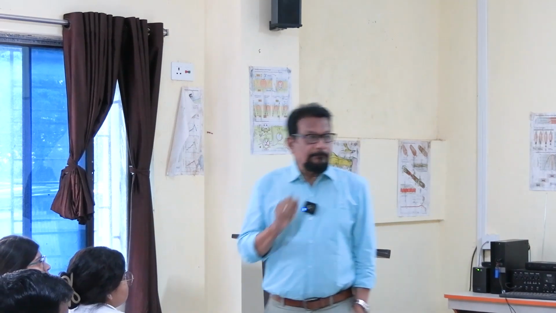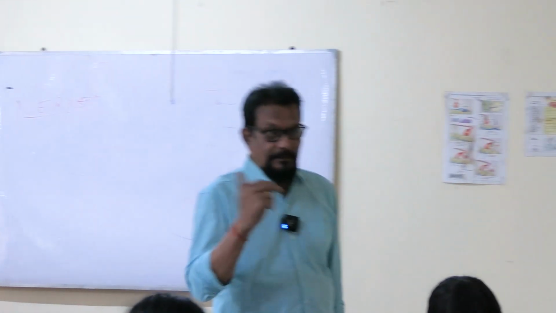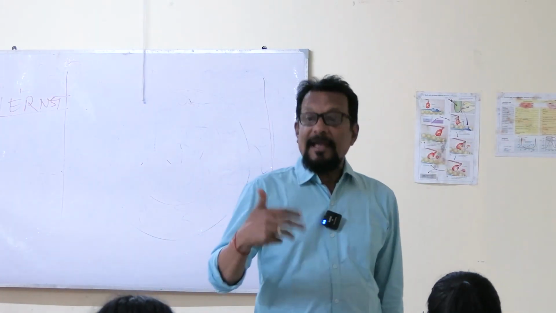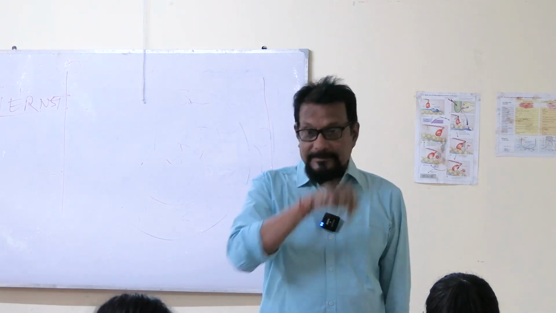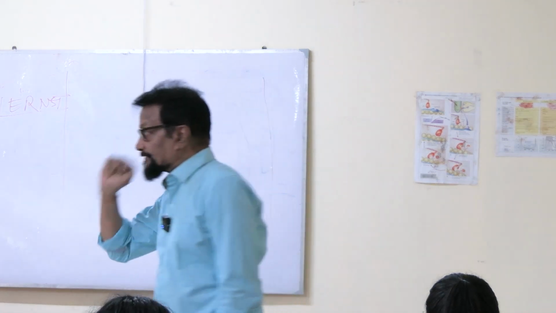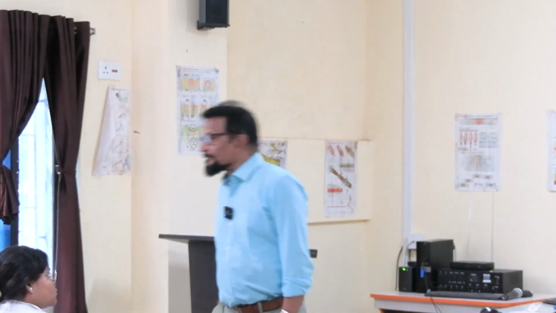So cells having excitability respond to a stimulus by producing an action potential. Now this action potential in case of cardiac muscle is of two types. One is slow action potential, another is fast action potential.